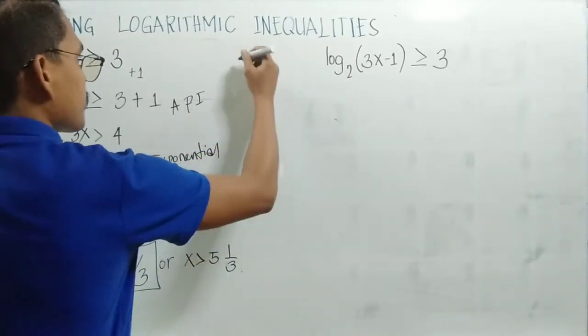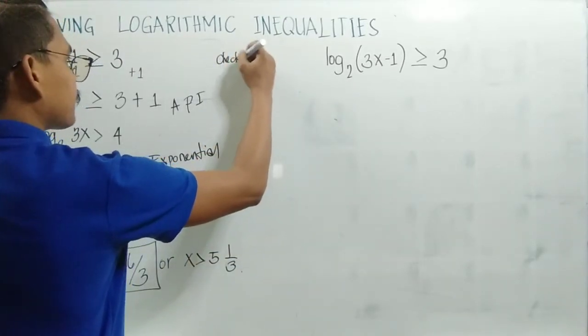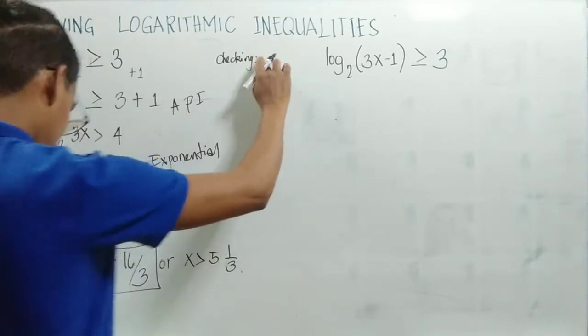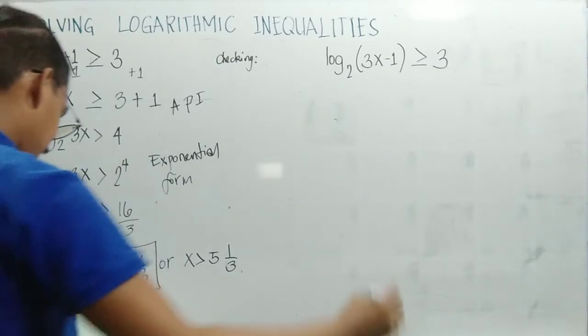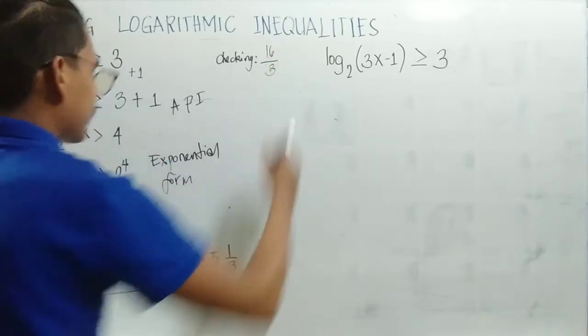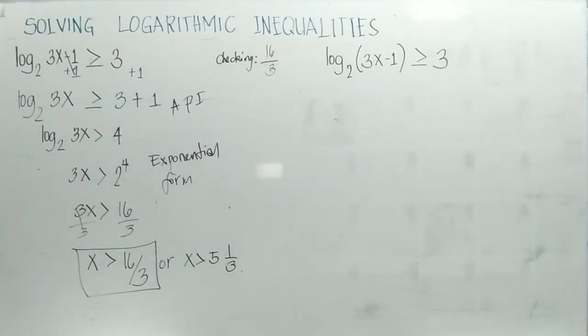I will use 16 over 3 to be exact, because our symbol is greater than or equal, so to be exact on this value, because we have the equal symbol, we will use 16 over 3 to check.